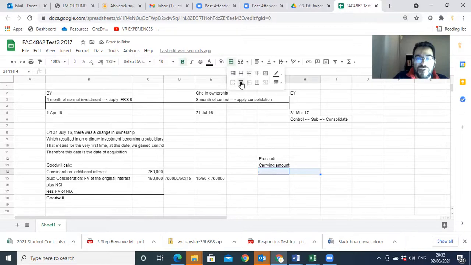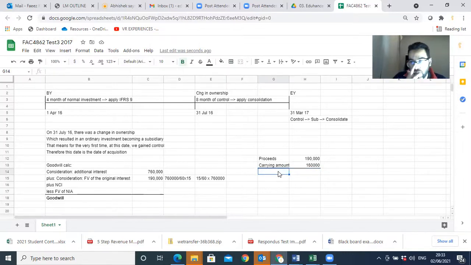We have worked out the fair value to be 190. The carrying amount was 160. So this is not the gain or loss on disposal. This is the fair value gain of 30.